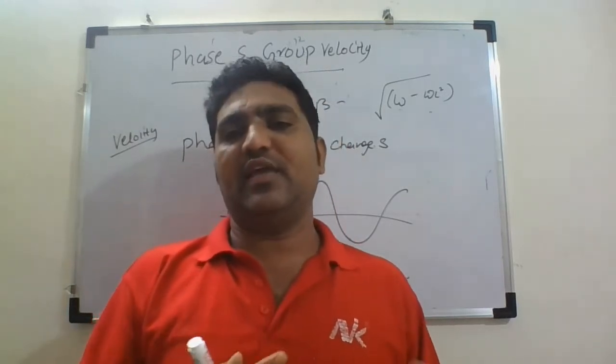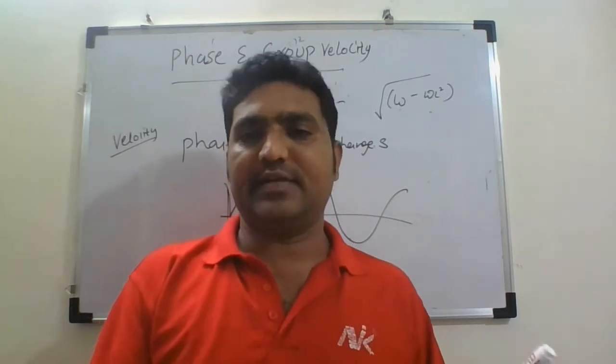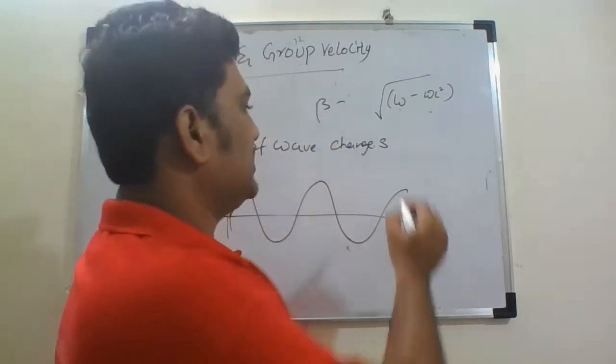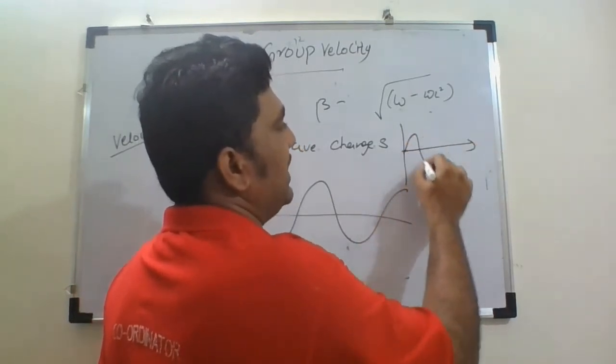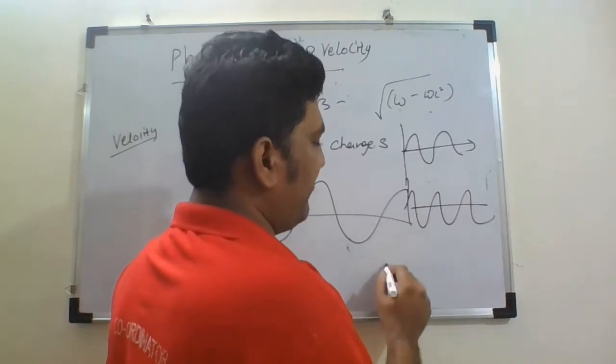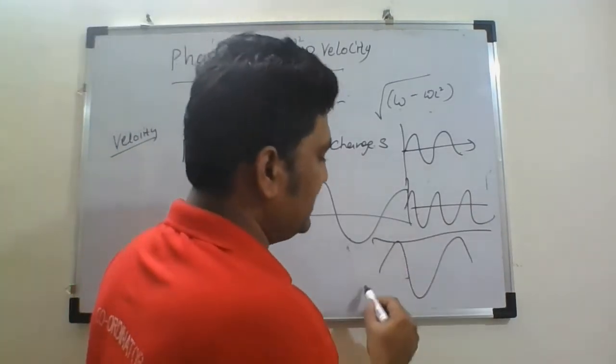To illustrate, consider a modulated signal: I have a modulating signal and a carrier signal, and the resultant modulated signal is generally an envelope.